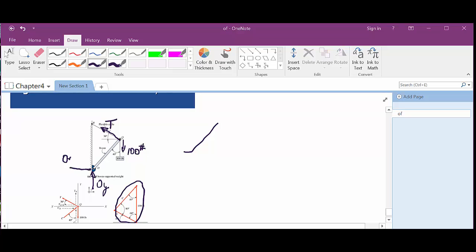It's got to go to the right, doesn't it? If that wall doesn't push back, then that thing's going to keep going. So that's OX. Just like OY has to go up. Then we've got 100 pounds here.